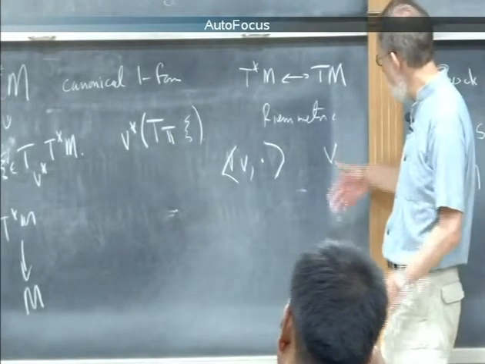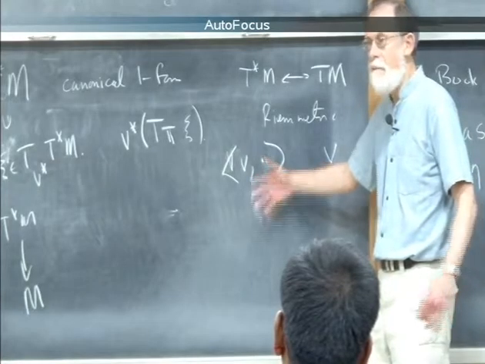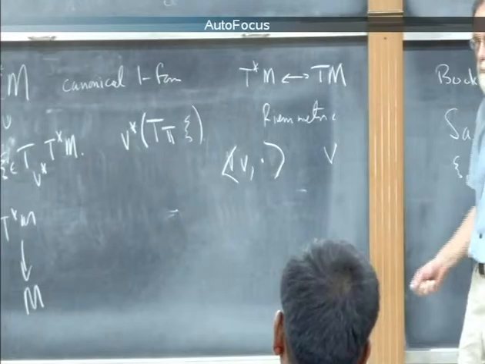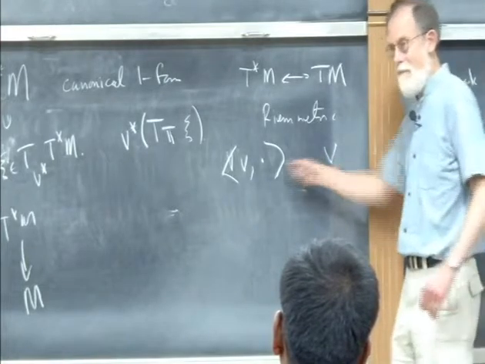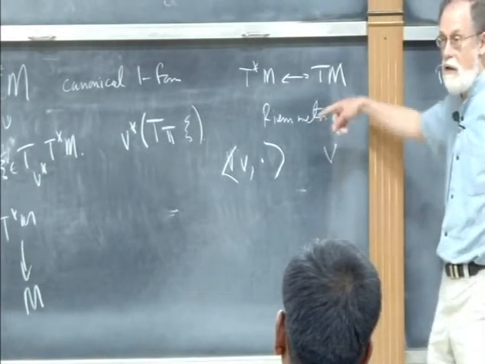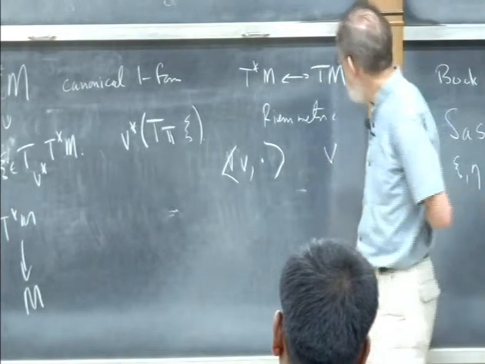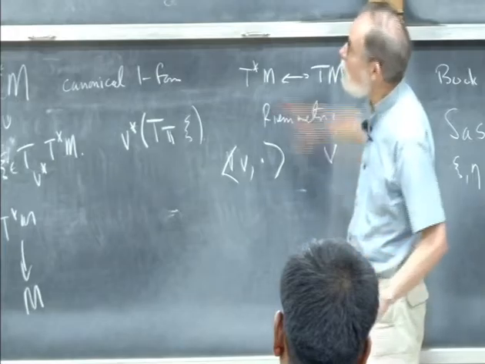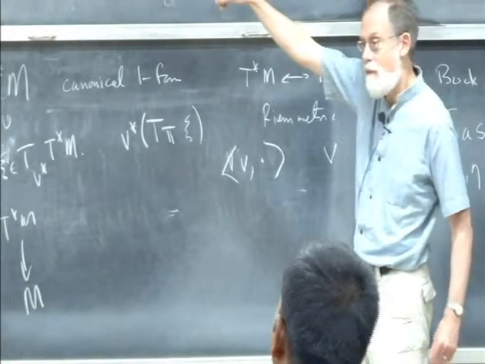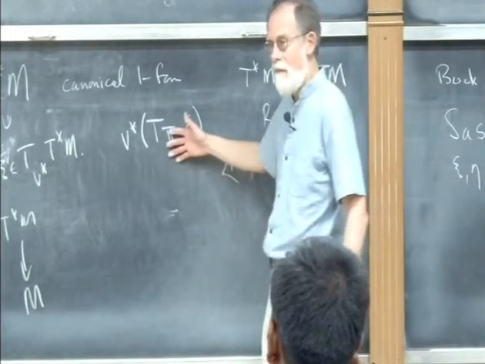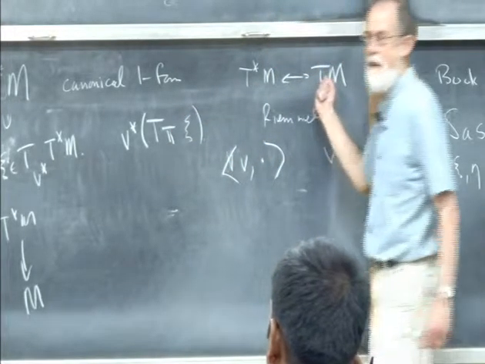The derivative of the function is the covector, and the gradient of the function is that covector turned into a vector via the standard inner product on Rn. So, and then it's very clear that our canonical one form up there is just this one transported over to TM.